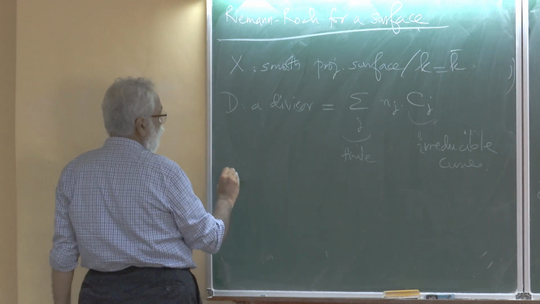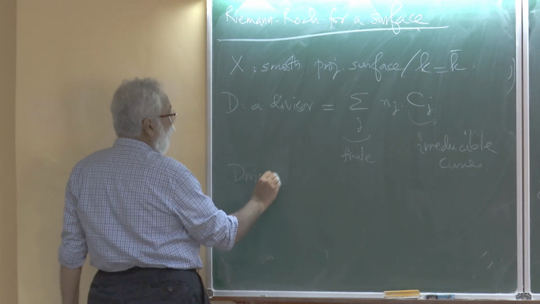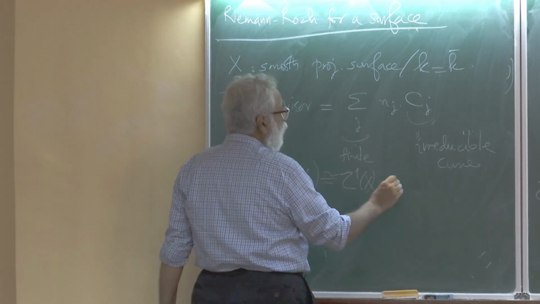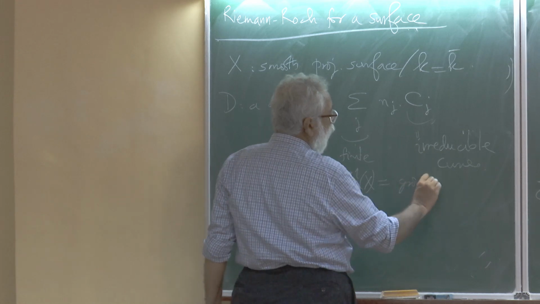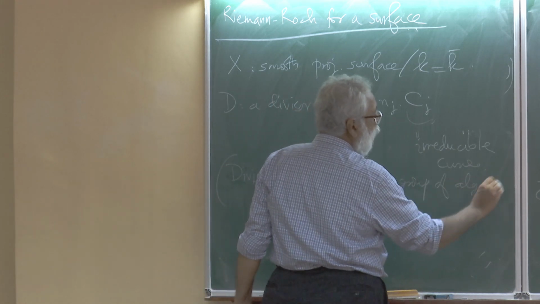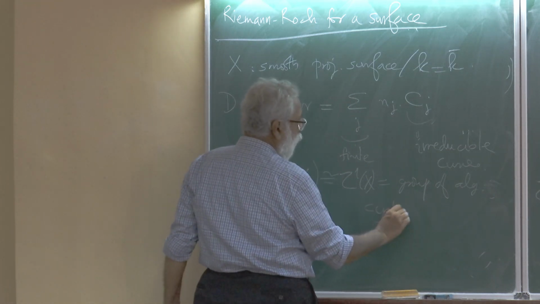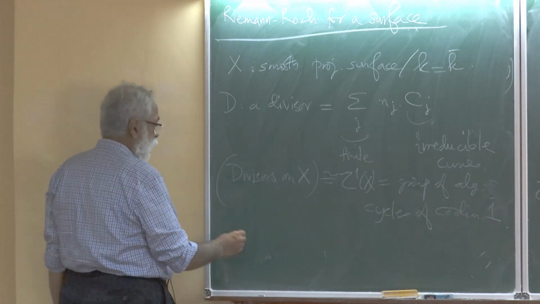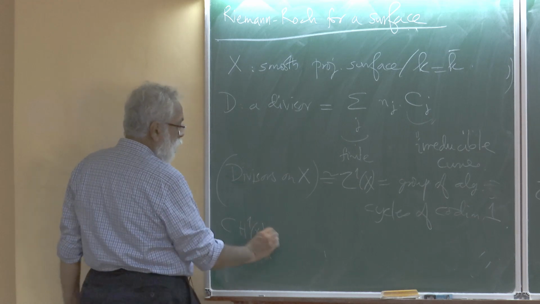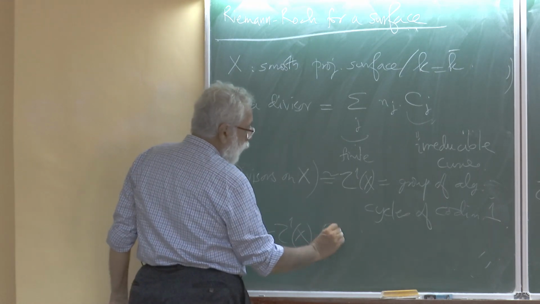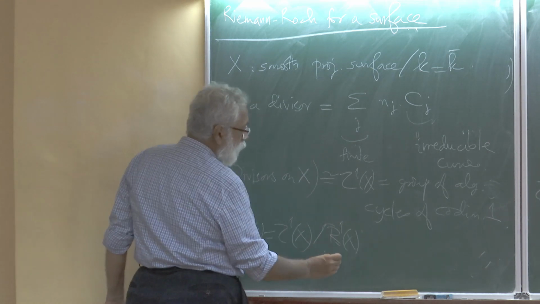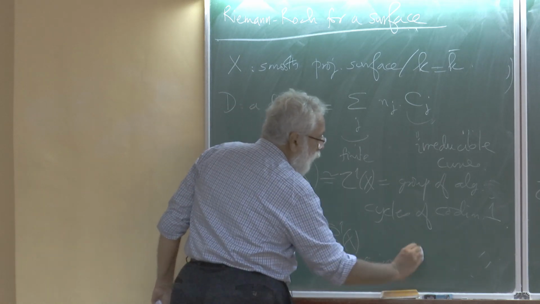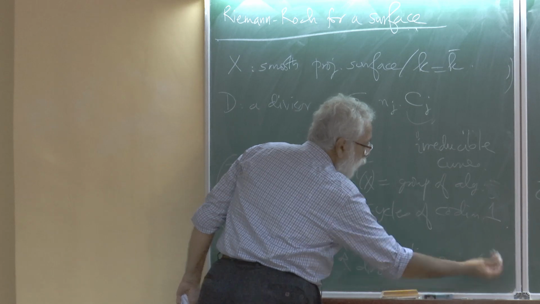So this group of divisors is otherwise called Z^1(X), the group of algebraic cycles of codimension 1. And then we again have a Chow^1(X), which is Z^1(X) mod R^1(X). So this corresponds to linear equivalence, divisors linearly equivalent to 0.